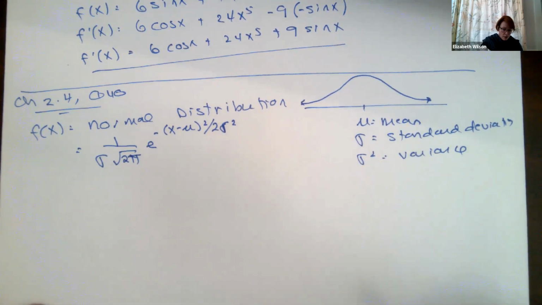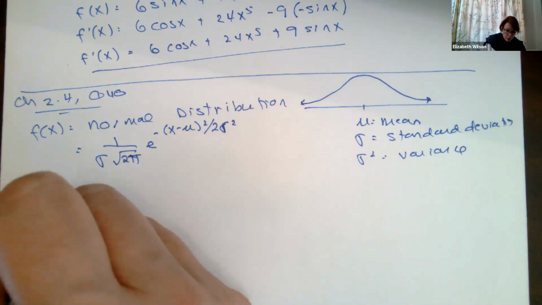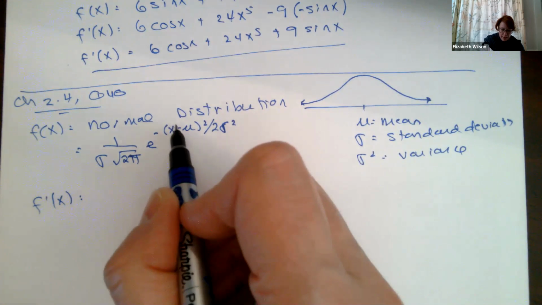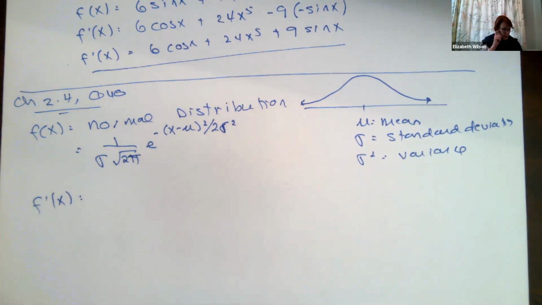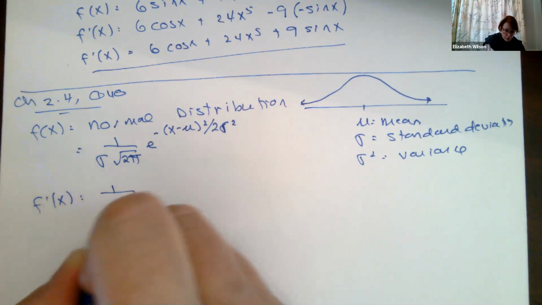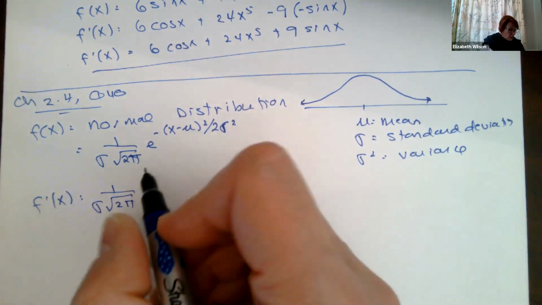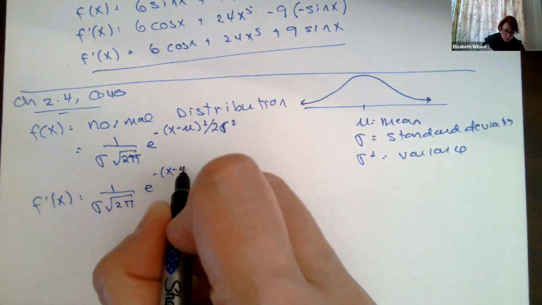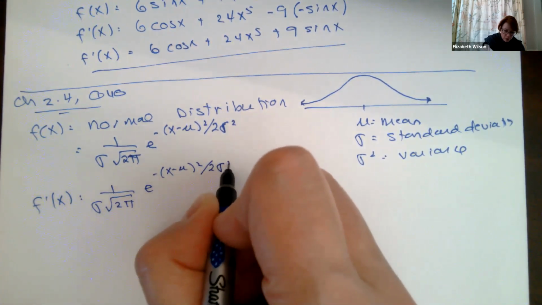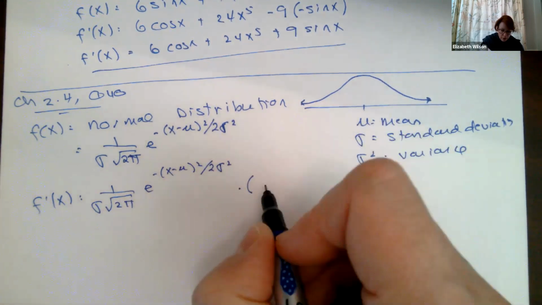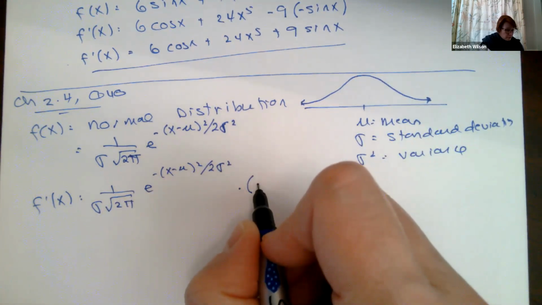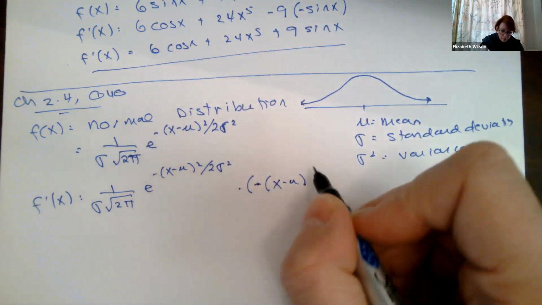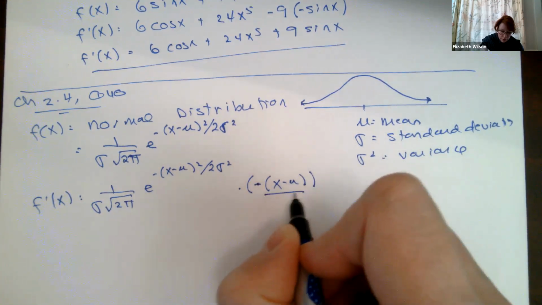Now, 1 over sigma radical 2 pi is a constant. If I take the derivative with respect to x, I get 1 over sigma radical 2 pi, e to the minus (x minus mu) squared over 2 sigma squared, times, by the chain rule, minus (x minus mu) all over sigma squared.